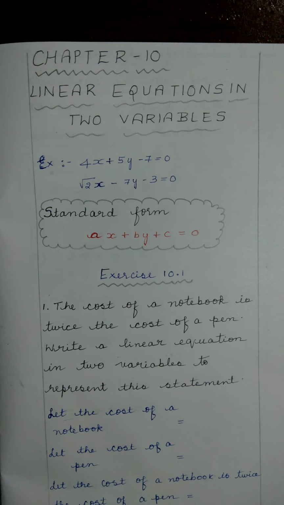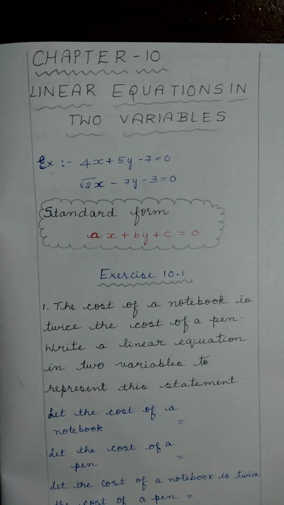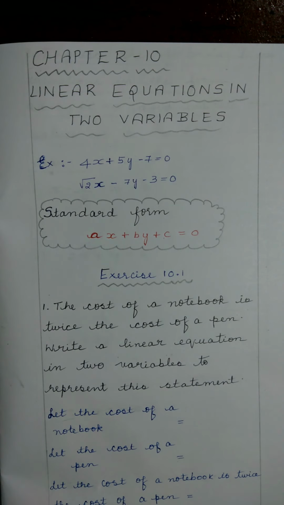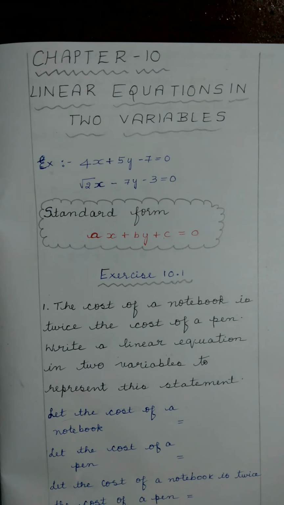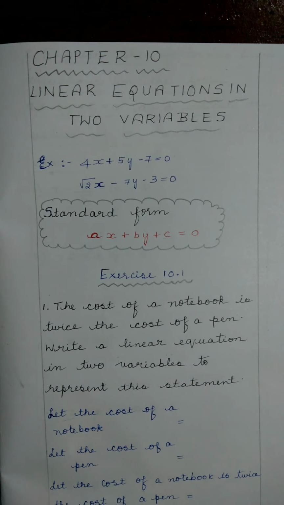Therefore, any equation which can be put in the form of ax + by + c = 0, where a, b and c are real numbers and a and b are not both 0, is called a linear equation in two variables.